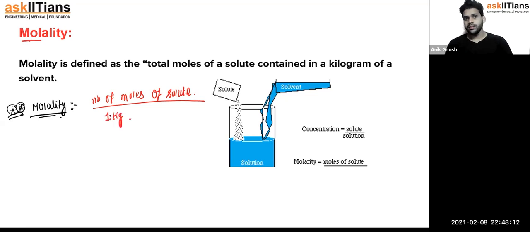Now it has become 1 kg of solvent only, not even solution. So there are two tricks. One is that 1 liter is getting converted into 1 kg, and the second is that the solution is getting converted into solvent. So molality is the number of moles of solute which is there in 1 kg of solvent.